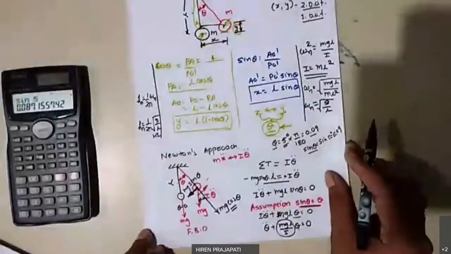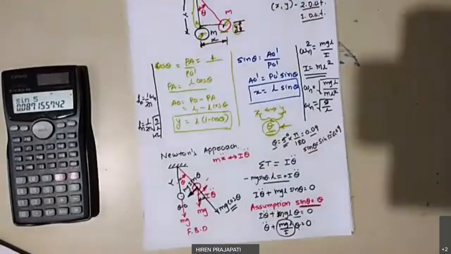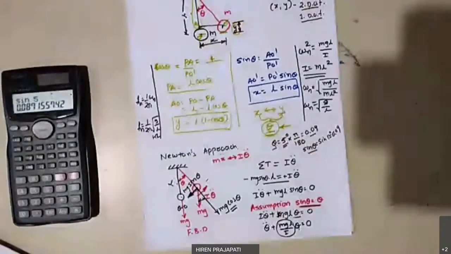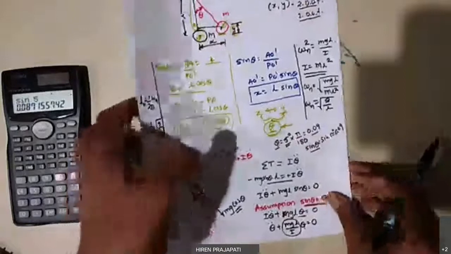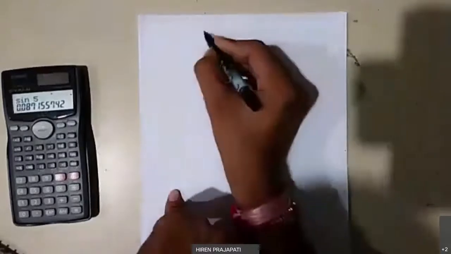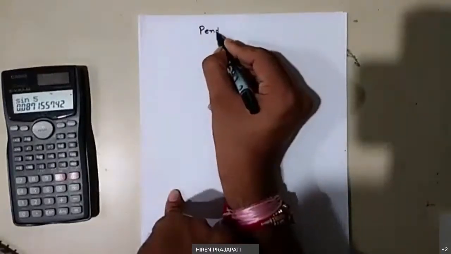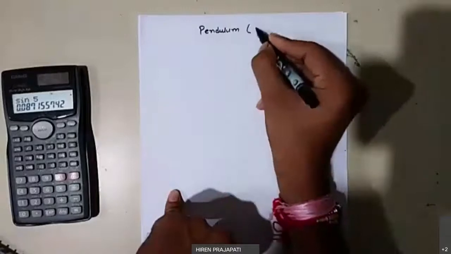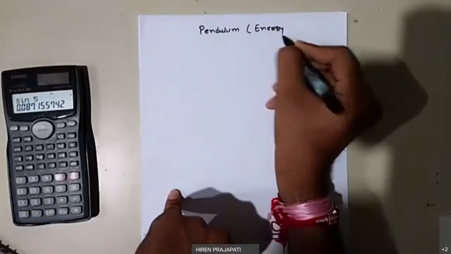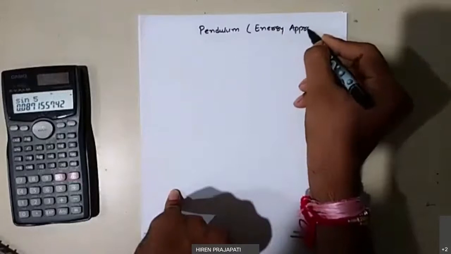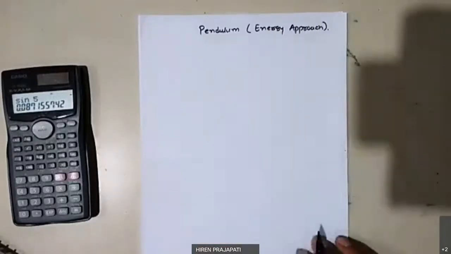on natural frequency. Now the same equation, let us try to derive by the energy approach. So we are again assuming the same pendulum, but now we go for the energy approach. Now, pendulum natural frequency derivation, but using the energy approach. Right?